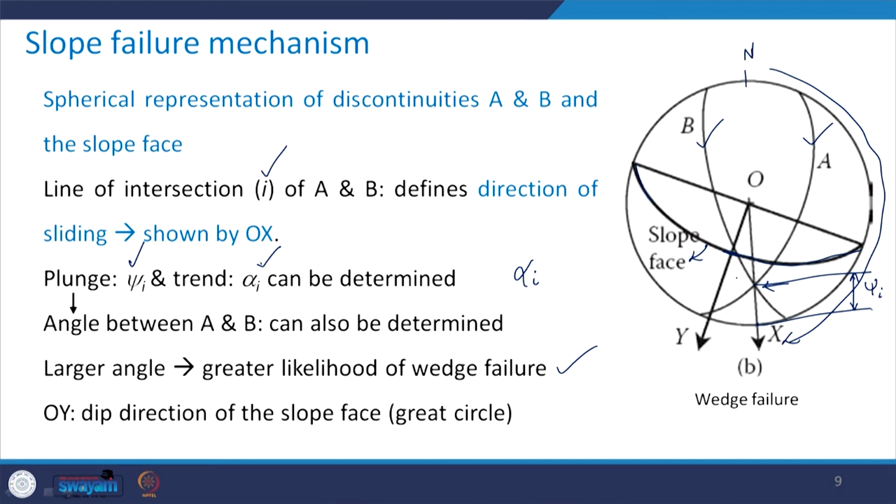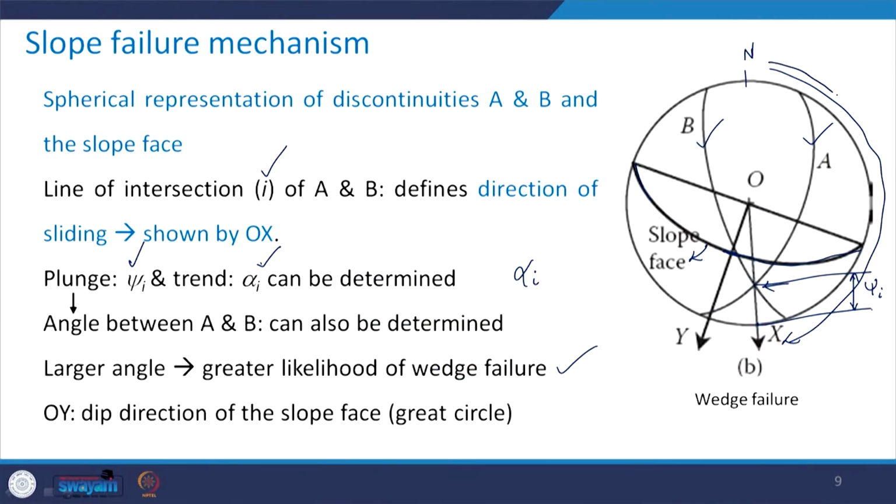So, how will I determine it? You move in the clockwise direction from here up to this, and this is going to give you the dip direction of the slope face. How are we representing the dip direction? By alpha, and because it is for the slope face, I am writing it as alpha f.